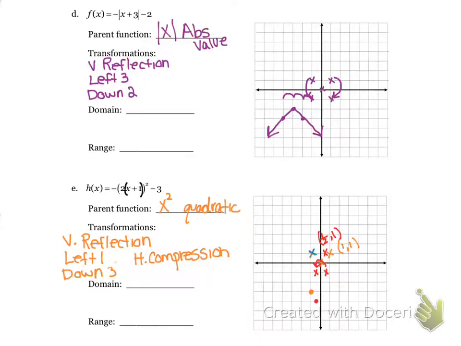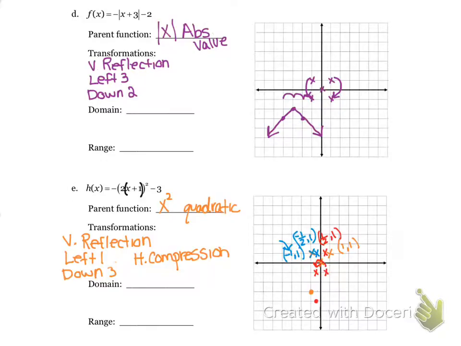Okay, I'm going to switch colors again just so we can keep this somewhat organized. So this point over here, negative 1, 1. Multiply the x value by 1/2, so you have negative 1/2, comma 1. So it's going to shift right here on the inside.